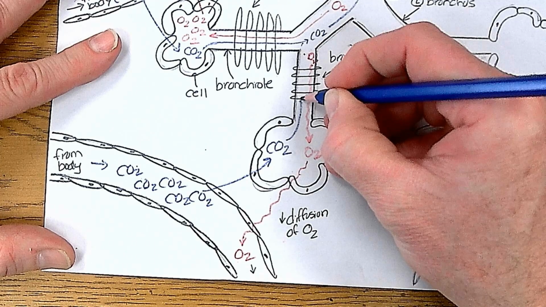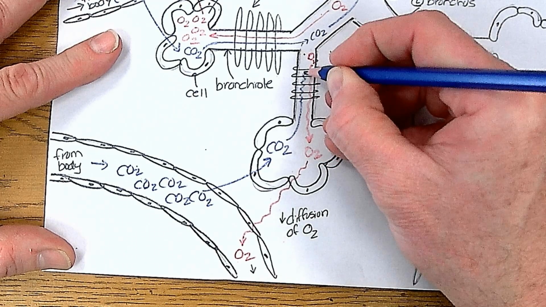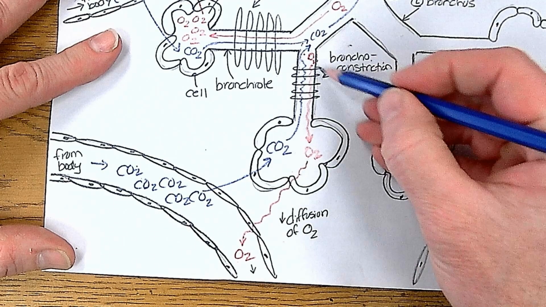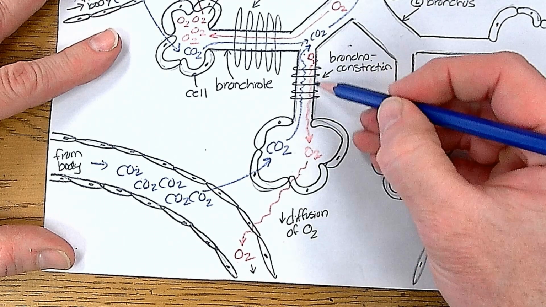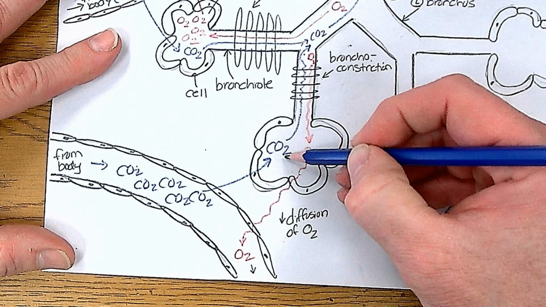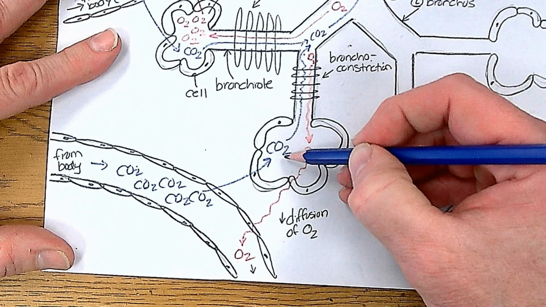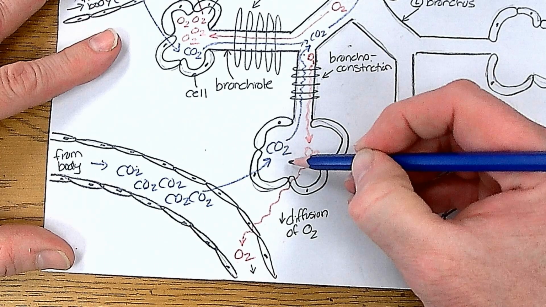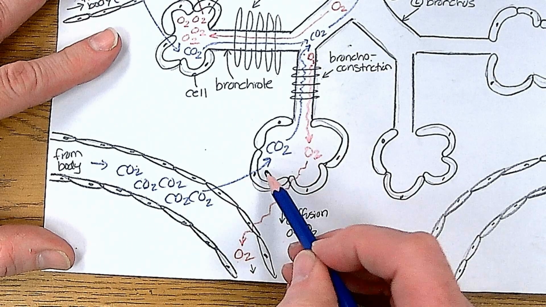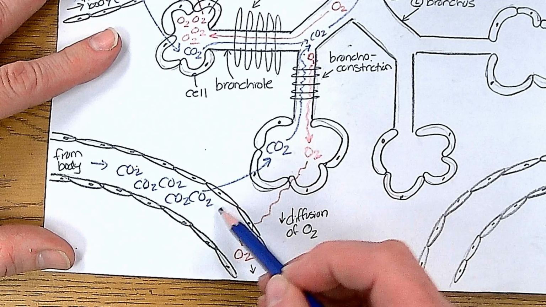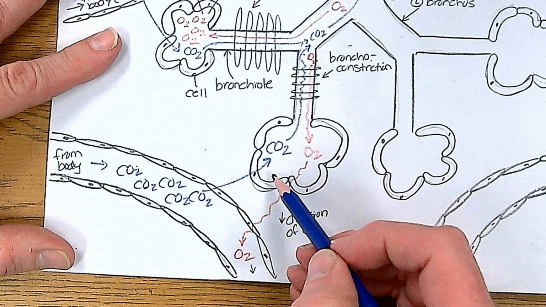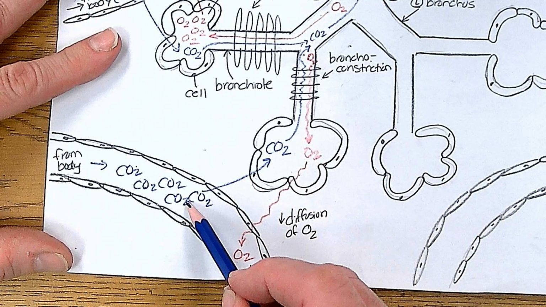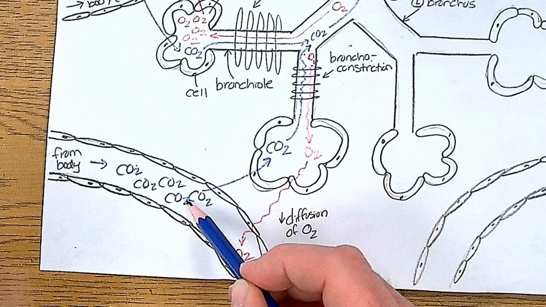Oh, but the problem is that we're having trouble getting past this constriction right here. So what's going to happen is it's going to slow down the egress of CO2 from the alveolus. So CO2 is going to build up here, which means you're eventually going to have a concentration gradient that's going to be very, very slight. Okay? So that's going to slow the amount of CO2 we're getting out of the bloodstream, which is going to change the blood chemistry.